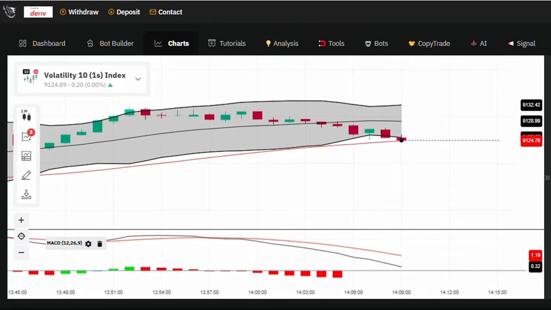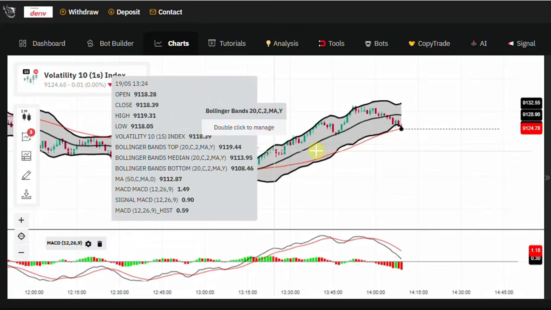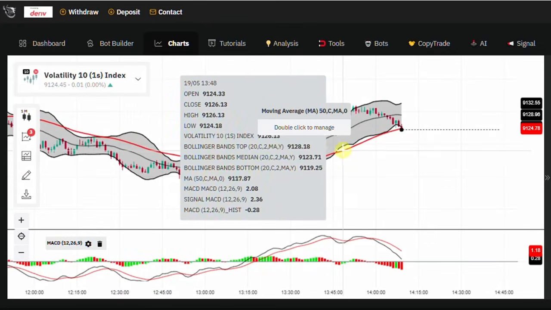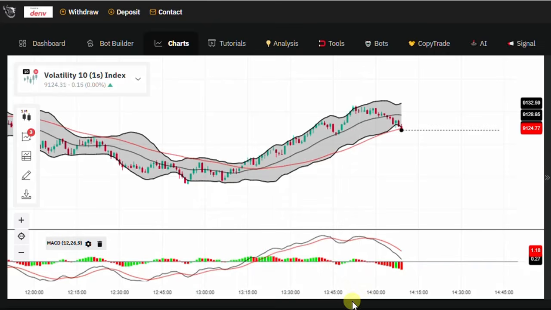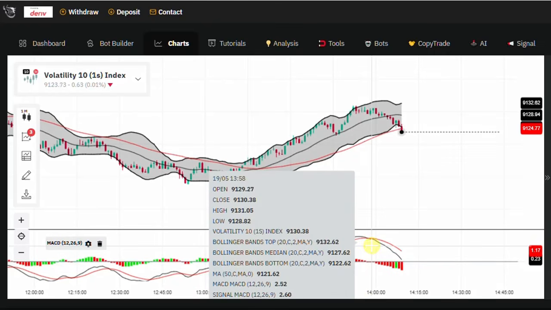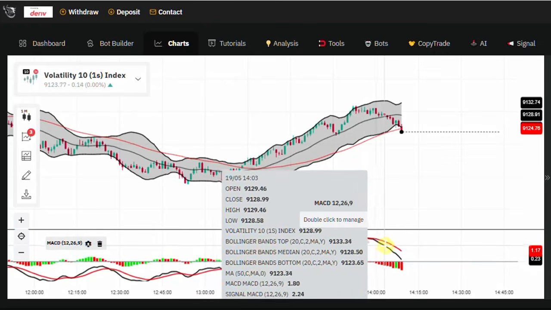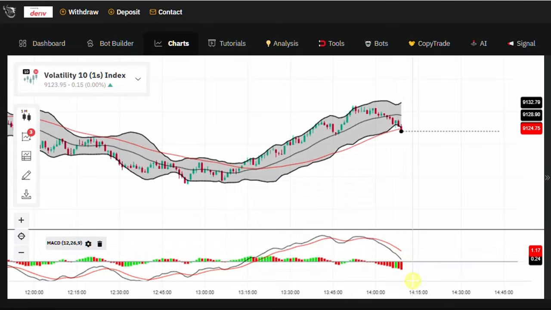Okay, and then also you want to monitor the slope of the Bollinger Band and also the slope of the moving average. And then a very key thing here is that you can see here, once there is a crossover, the market is clearly tilting and going down.